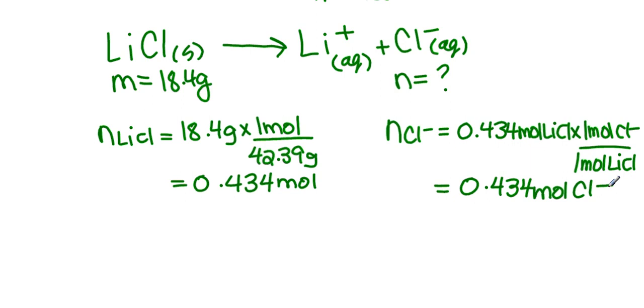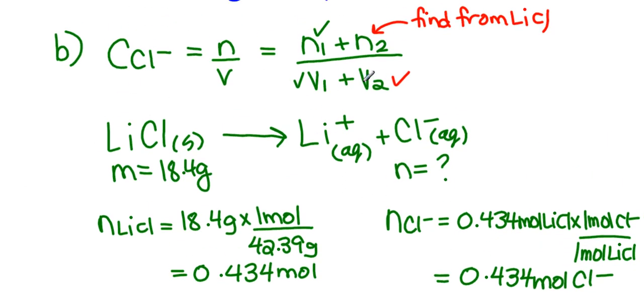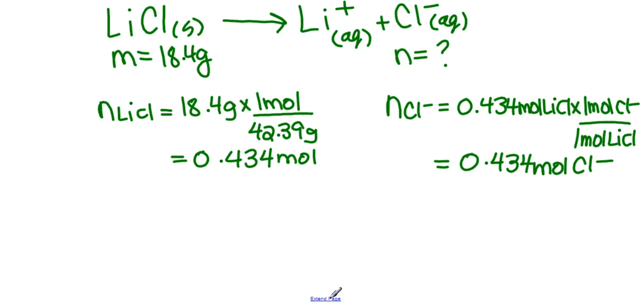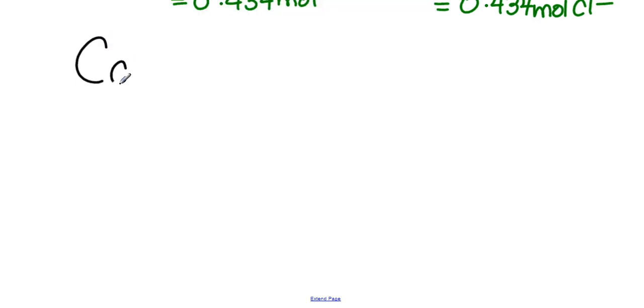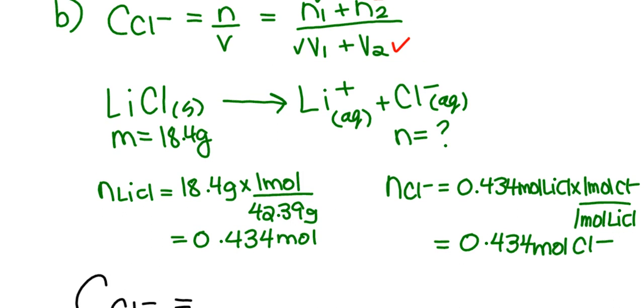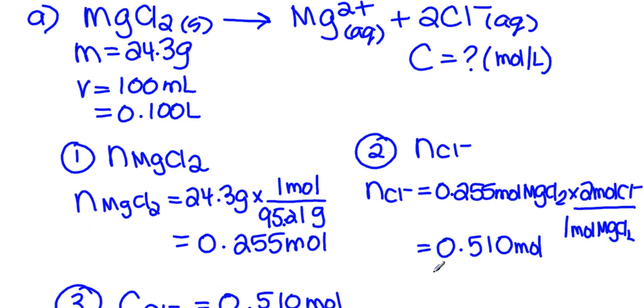So now what we're going to do is go back to that formula we just saw, our combined formula here, and take our information from part A and part B and put it together to solve the question. So if I want to find my chloride ion concentration, I'm going to take my moles of chloride ions from part A. So let's go back up just so we can remember where that is. So this was part A. This number here represents how many moles of chloride ions we have, 0.510.